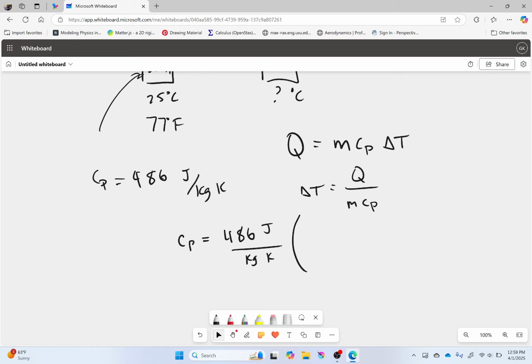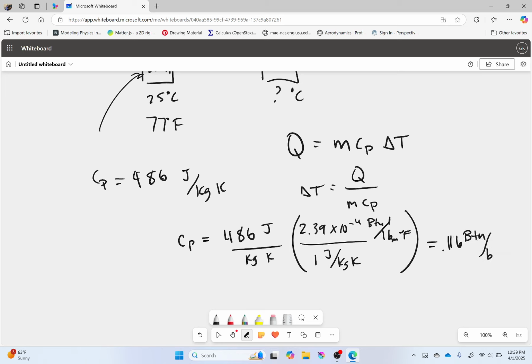Okay, and I'll give you a really wonderful conversion here. 1 joule per kilogram Kelvin is equal to 2.39 times 10 to the negative fourth BTUs per pound mass degree Fahrenheit. Okay, if I plug that in, what do I get? I get 0.116 BTUs per pound mass degree Fahrenheit.